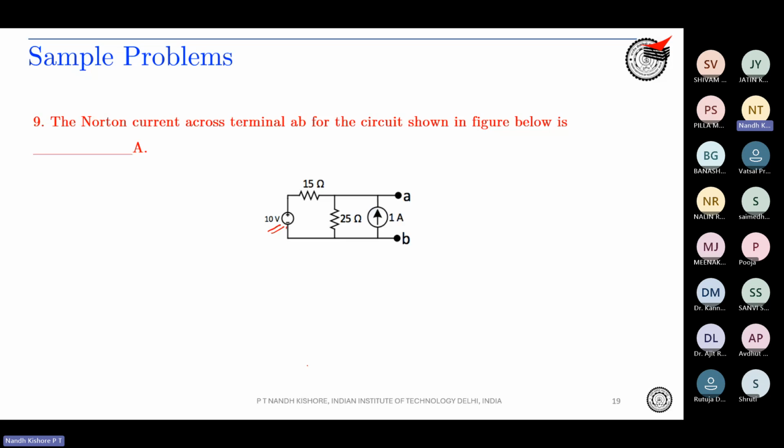So how will you solve this question? Find Norton's current across A and B. Correct. So to find Norton's current, what is the procedure that you would follow?